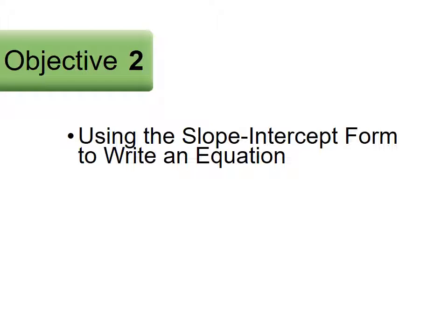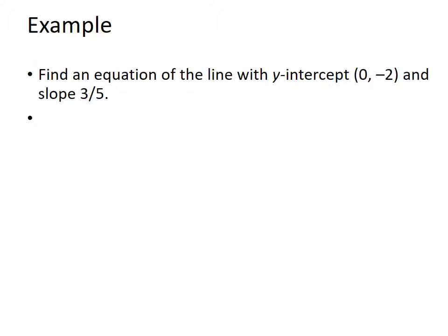Next, we're going to go over using slope-intercept form to write an equation. Okay, the main thing is understand that you're given your slope and you're given your intercept. That's what you're given. So you're going to use that information to write your equation. So for example, here we have our y-intercept, (0, -2).